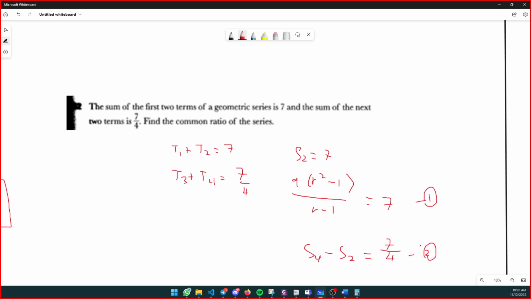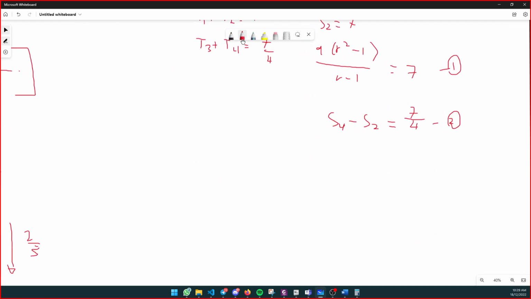So what can I do with this? I can actually change this around. Let's say S4 equals S2 plus 7 over 4. 7 plus 7 over 4 is 28 over 4 plus 7 over 4, that's 35 over 4.